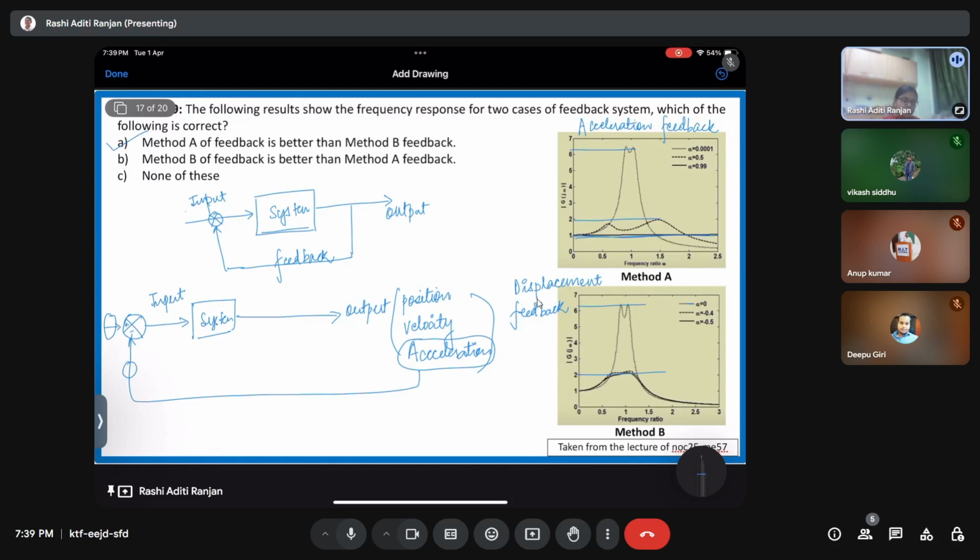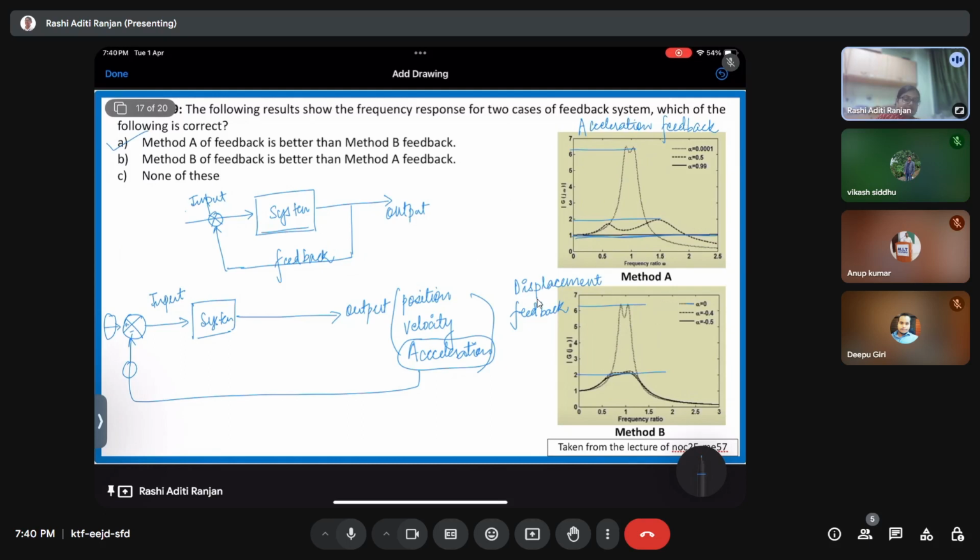And for the primary system, I have to reduce the amplitude, right? For the acceleration feedback, I'm having the response of acceleration. Then I'm comparing it with the acceleration I wanted, right? On the basis of that, we are giving the input. Now, what could be the possible input that I can give to a spring mass system? As per my understanding, force is the best that I can give.